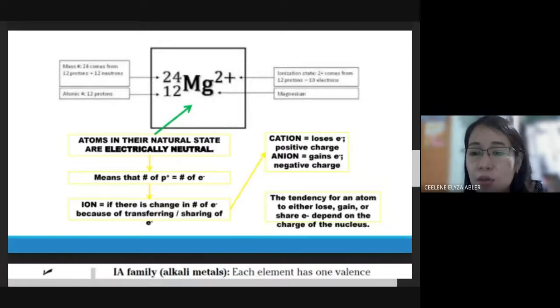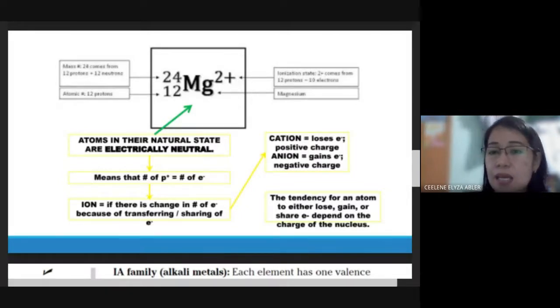Meron tayo yung kapag negative naman yan siya, ang ibig sabihin, mas marami ang kanyang electrons. So kapag mas marami ang kanyang electrons, ang ibig sabihin is that it's the one that actually takes in or receives or gains the electrons that is given out by the cation.